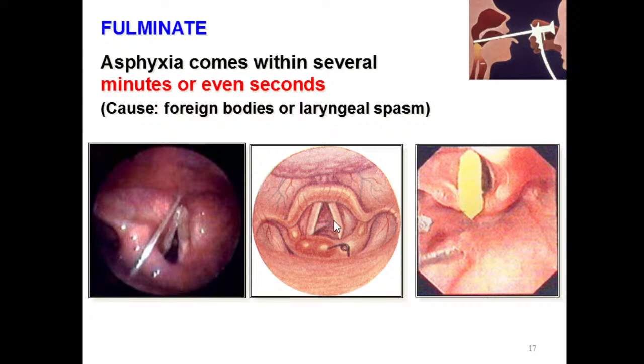in the vocal rim. From this position, the function of the epiglottis is very important, because you remember that the main function of the epiglottis is separating the respiratory tract from the digestive tract.